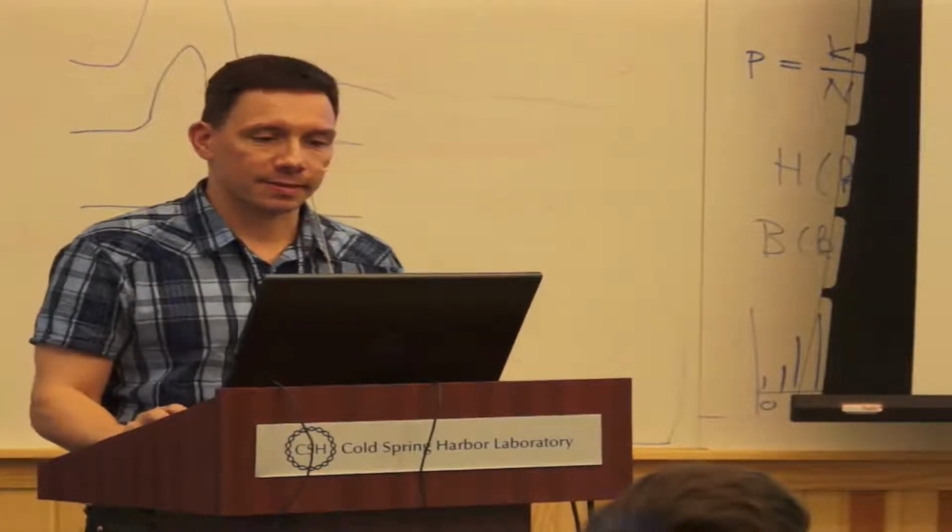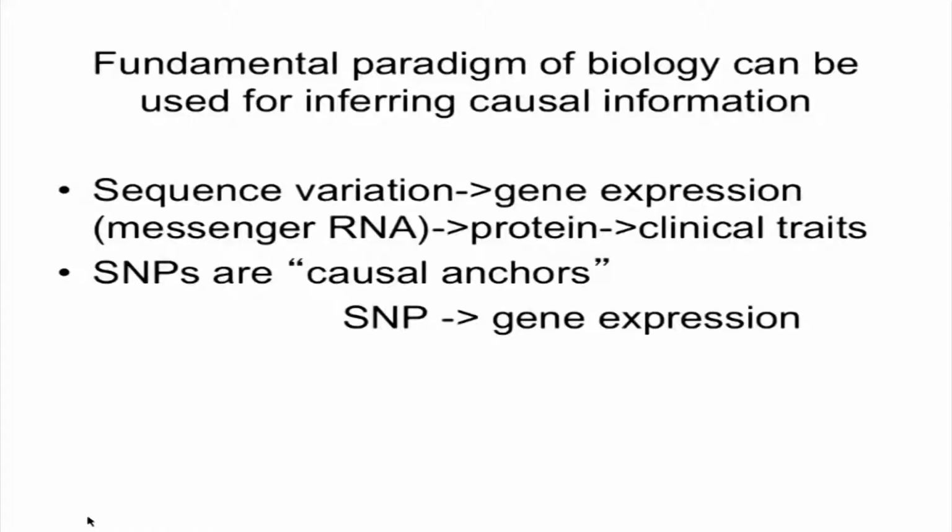These approaches make use of this fundamental paradigm of biology, which says sequence variation precedes changes in messenger RNA abundance, which then leads to changes in proteins, which then may affect clinical traits. In this flowchart, there's one thing that is irrefutable, which is that sequence variation, for example SNPs, precedes everything else.